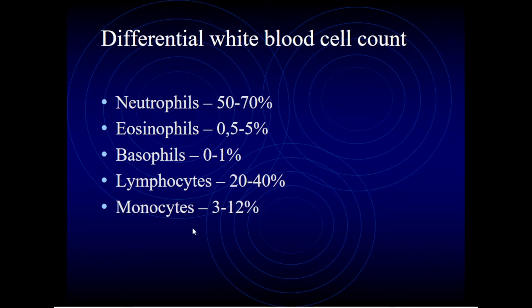A white blood cell count that determines the relative percentage of each type of leukocyte is called a differential white blood cell count, or in Russian terminology, the leukocytic formula. Deviation from the above percentages may indicate serious pathological conditions.